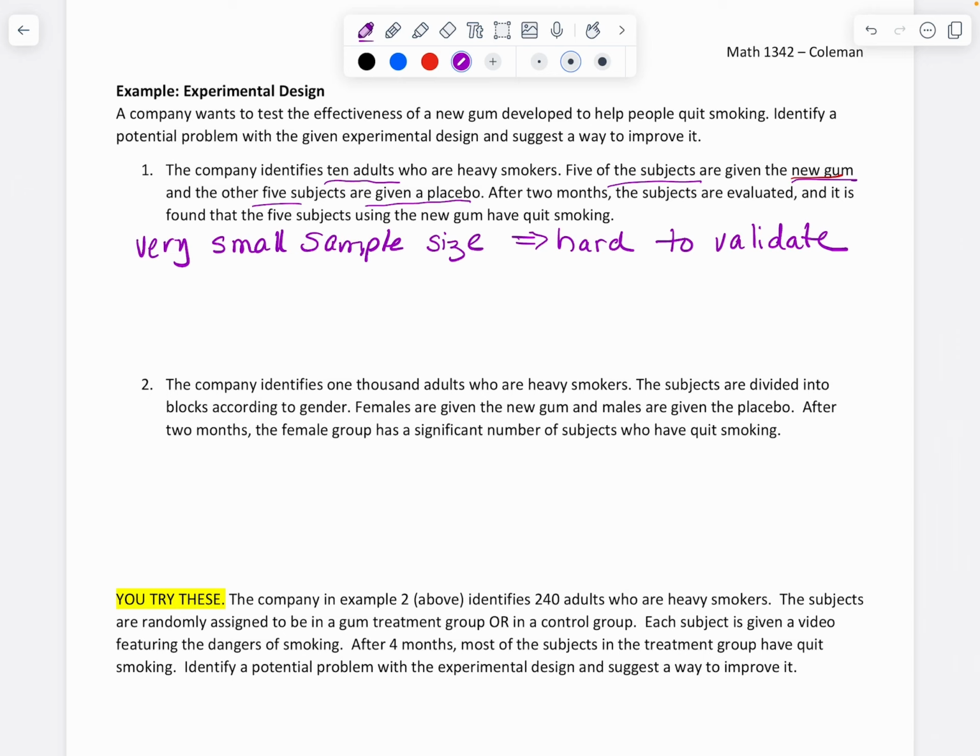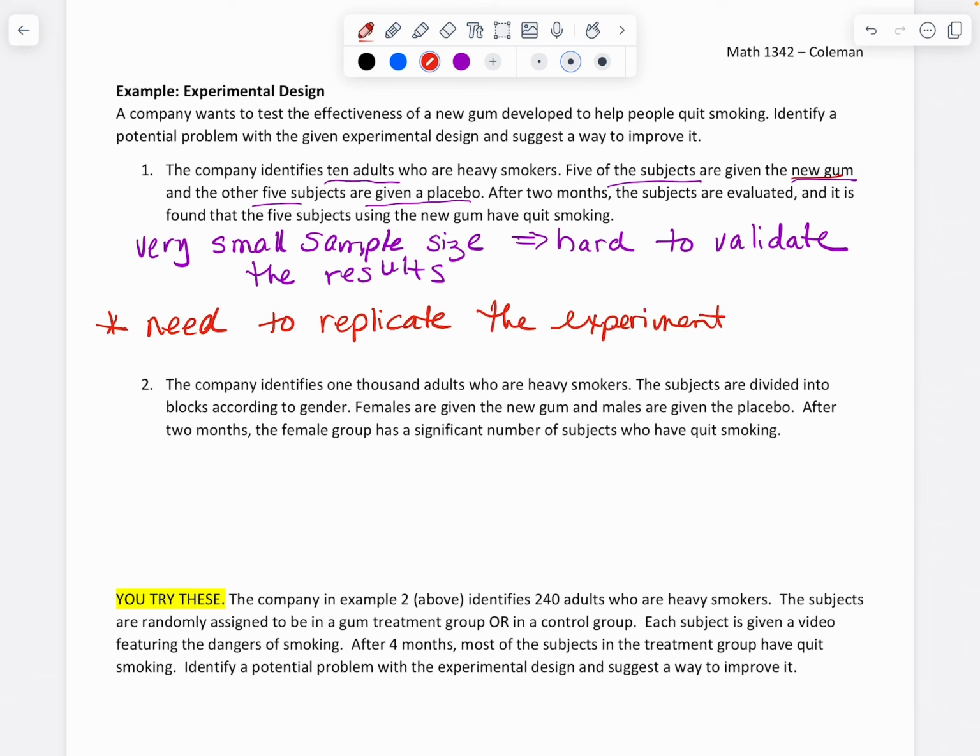They're great results, but it's hard to validate them. So how do we fix that? Well, we're going to fix that by replicating the experiment many more times.